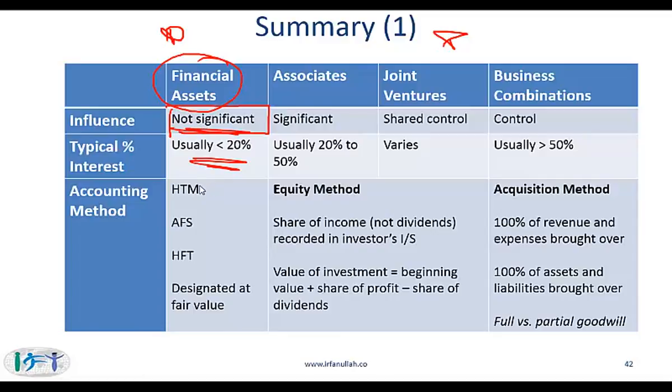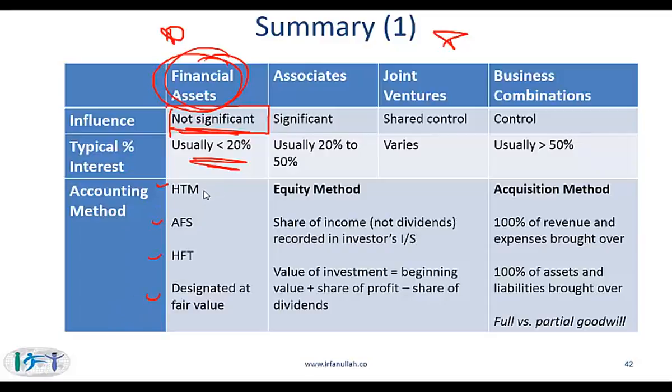But the critical factor to consider is the influence. If an investment is classified as a financial asset, then the accounting treatment depends on the subclassification. The subclassifications are held to maturity, AFS, held for trading, and designated at fair value.